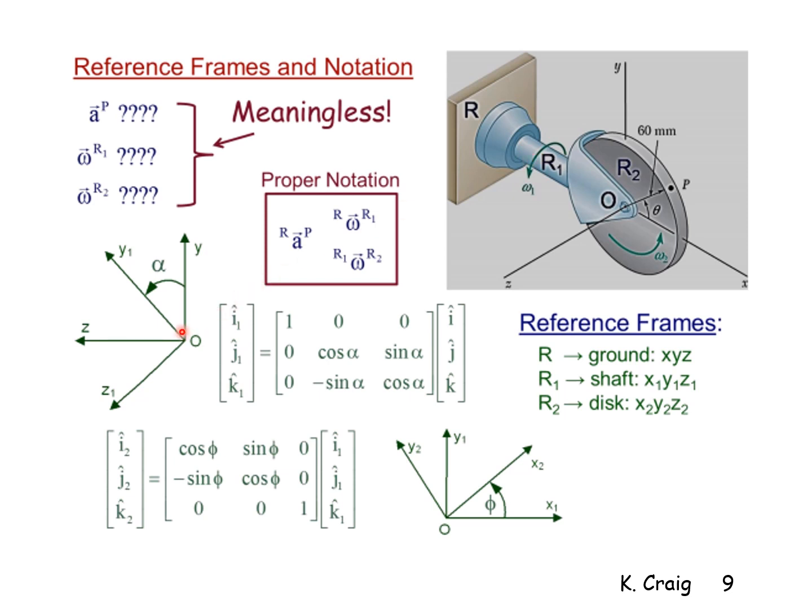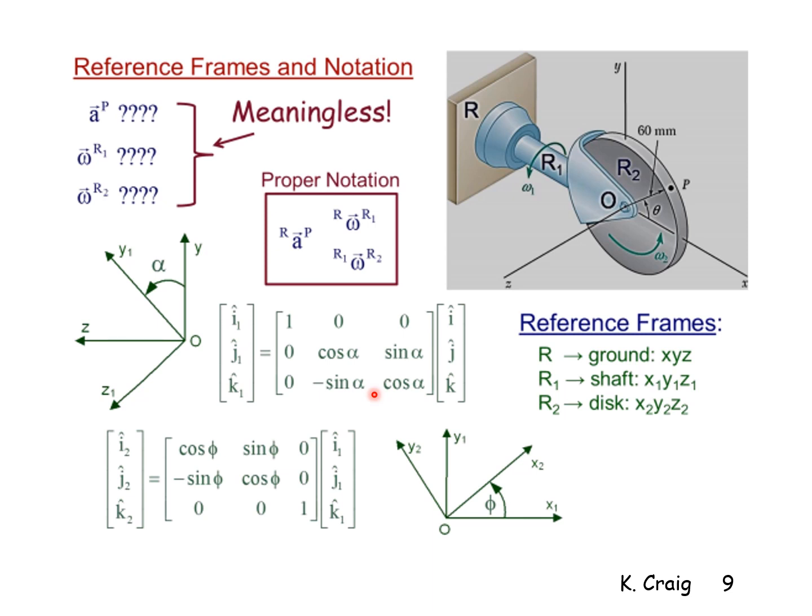It's shown here with this angle alpha, and the matrix relationship between the unit vectors in the R reference frame and the unit vectors in the R1 reference frame are shown here. If you don't understand this matrix equation, go back, review your mathematics, your trigonometry, and make sure you understand where this relationship comes from.